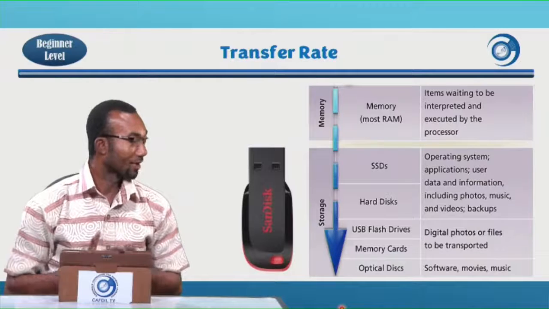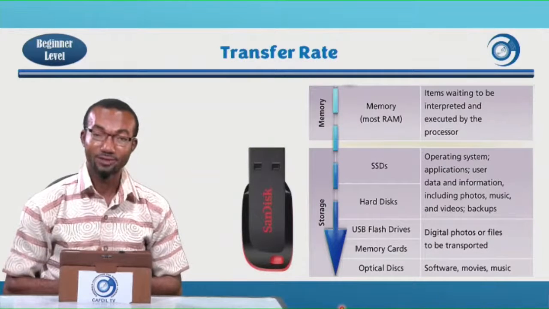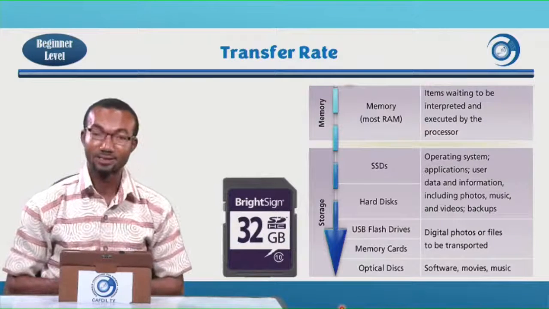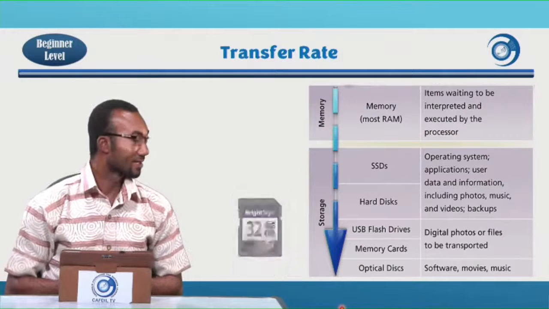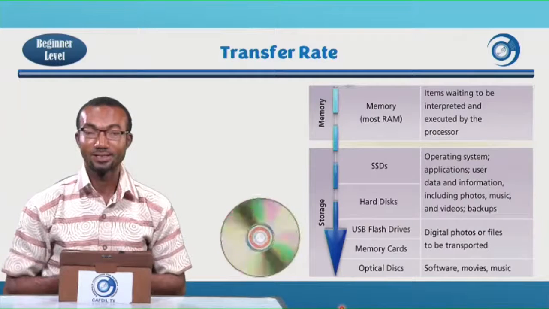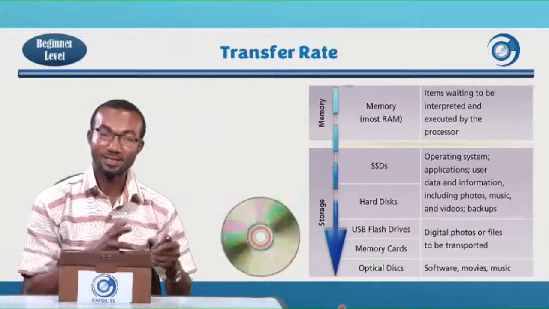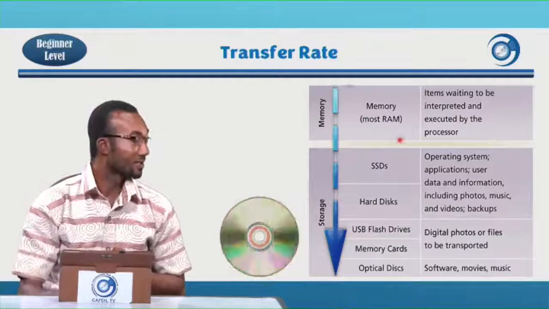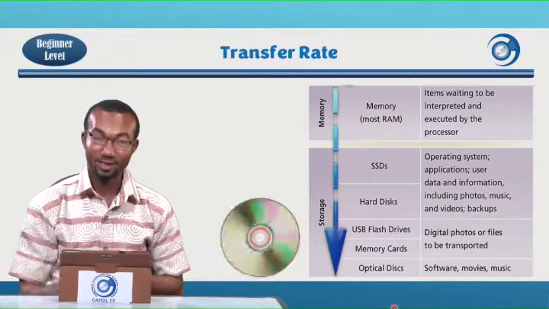Then the fourth one is the pen drive. The fifth one, memory card, and then the sixth one, optical disc. So both the access rate and the transfer rate are the same when it comes to the rankings.